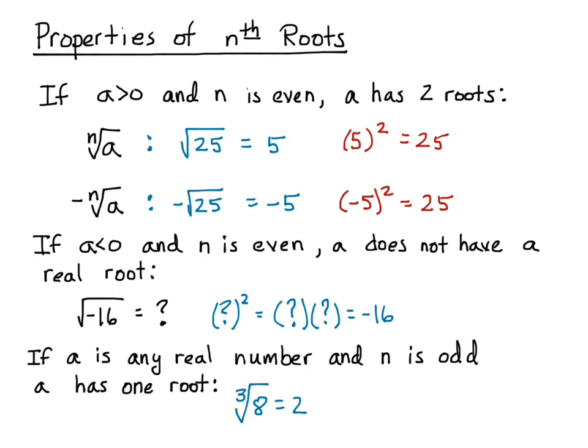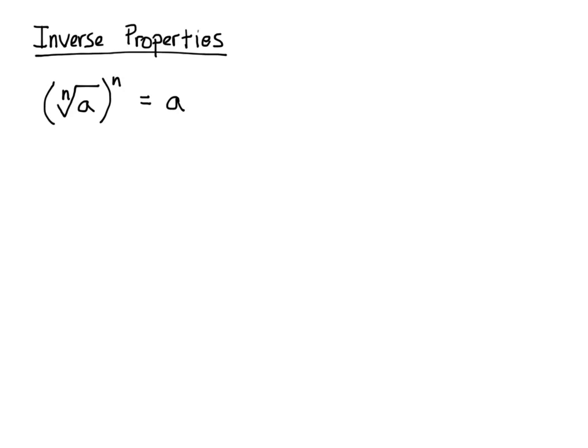So we saw that with, here I have two examples. The cube root of 8 is 2, the cube root of negative 8 is negative 2. Okay, so now we're going to look at something called the inverse property here.